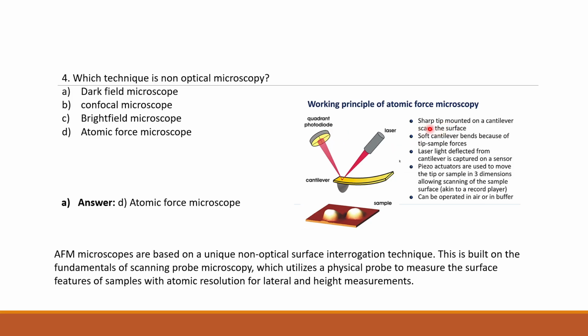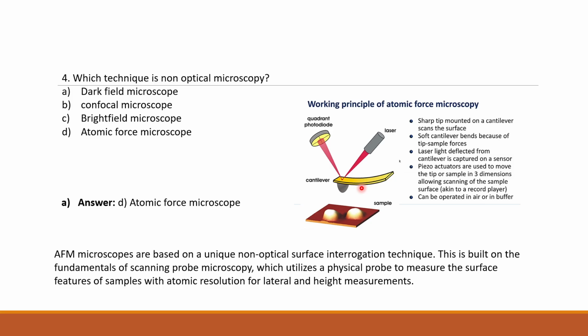Okay, so a sharp tip mounted on a cantilever scans the entire surface. A soft cantilever bends because of the tip-sample forces. So when your tip and sample hit each other, there will be some force during the movement. Based on this force, your cantilever, which I told you is also movable, will also move like this.